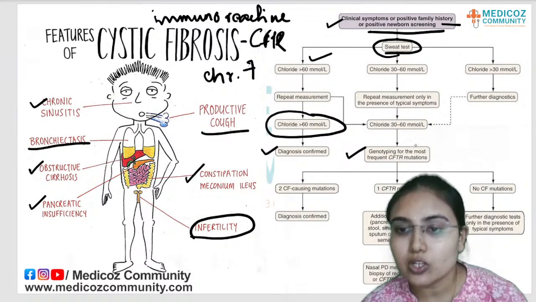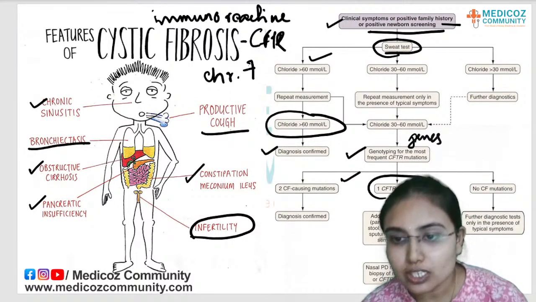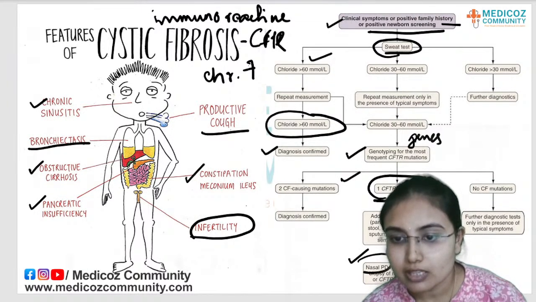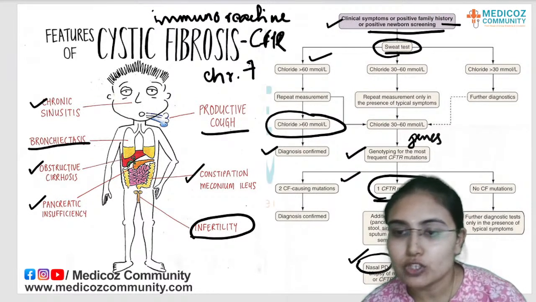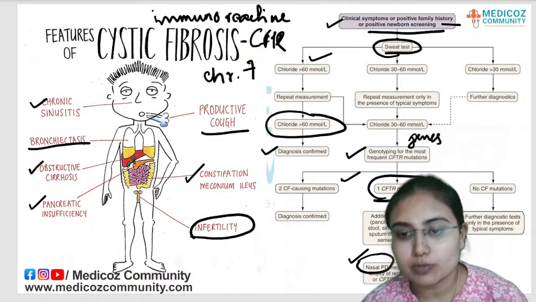If there are 2 genes which are mutated, then again it is confirmed. If there is only 1 gene mutation, then we go ahead with a nasal potential measurement. The potential difference in the nasal cavity is measured, or by the biopsy of rectal mucosa. So if only one CFTR gene is mutated, we go ahead with nasal potential difference.